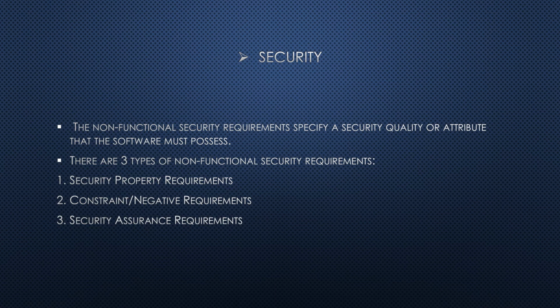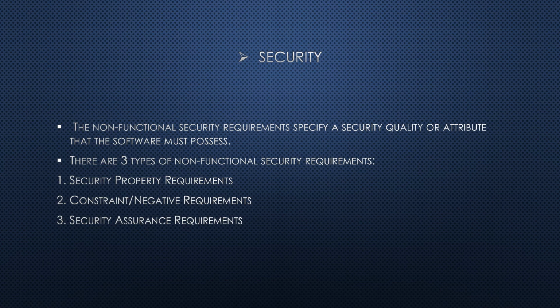This exists because software's functionality must not be allowed to behave in a way that could lead to the software failing in an insecure state or otherwise becoming vulnerable to exploitation or compromise. Third, security assurance requirements.